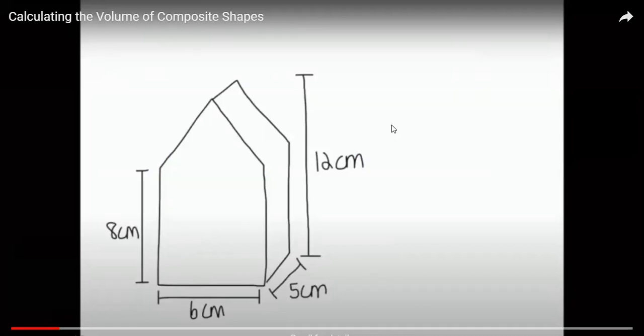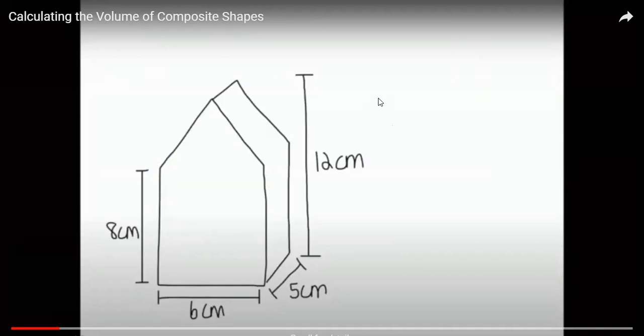What can you see on the screen now, grade 7? What is this? Can anyone tell me? A cube and a triangular prism. It's a composite figure. Can you tell me one name for this figure? A house.